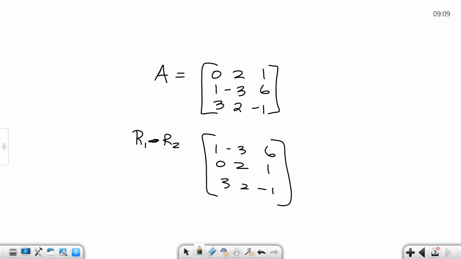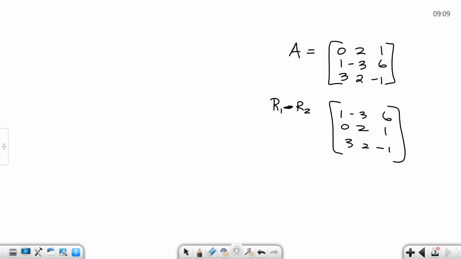Now, the thing about elementary operations is this. Let's take an elementary operation, and let's do that interchange row 1 and row 2 with it. What an elementary operation by definition means is one step away from the identity. So we're going to talk about this one in terms of I3.